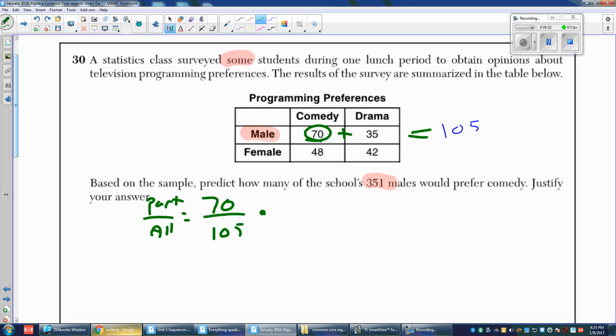There are 351 males. So I can do this two ways. I'm going to do it the easier way first, and I'm going to multiply that by 351, and this is percent times the total, and that's going to equal how many would prefer comedy. This is percent as a decimal times the total is going to give us our answer.